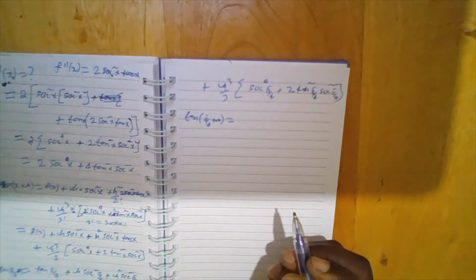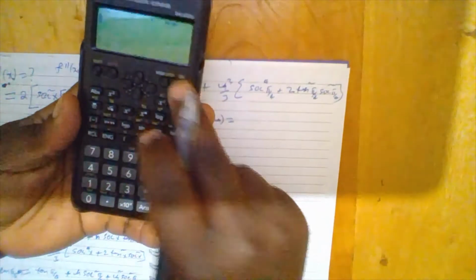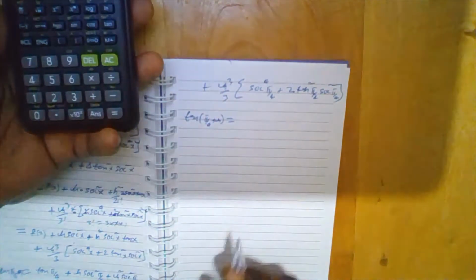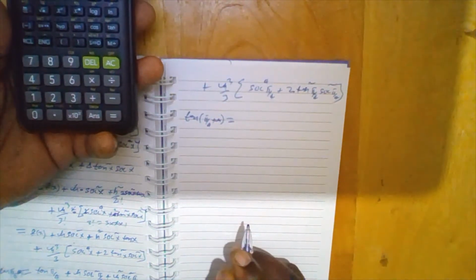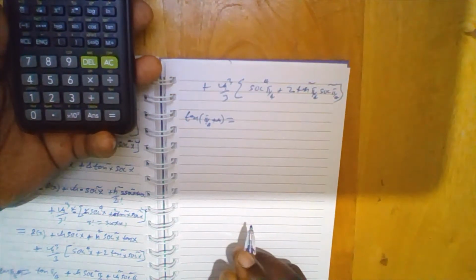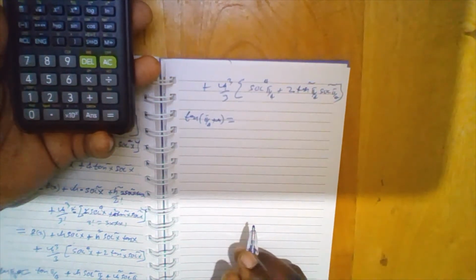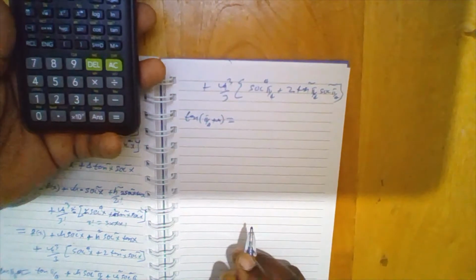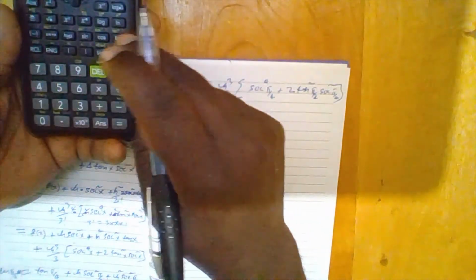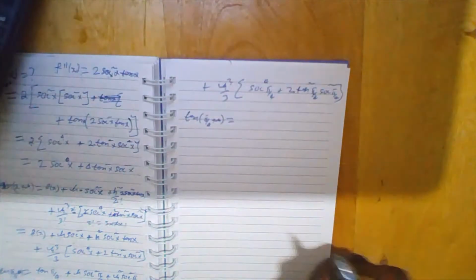now pi over 4, we can use our calculator. Pi is 180, divided by 4 is 45, therefore we are getting tan 45 equals 1.